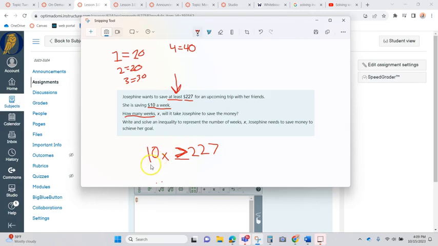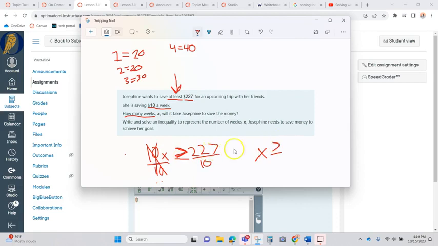Now, let's solve. Divide by 10. I'm doing the inverse, or opposite, of times by 10, which is divide by 10. What I do to one side, I'm going to do over here. 10 divided by 10 is 1. x times 1 is just x.